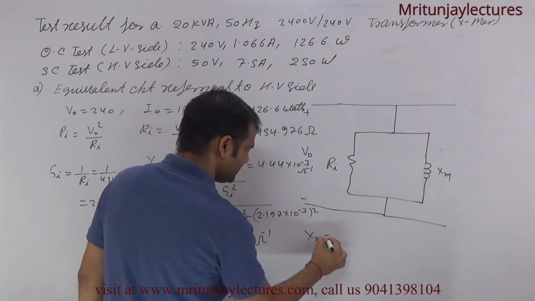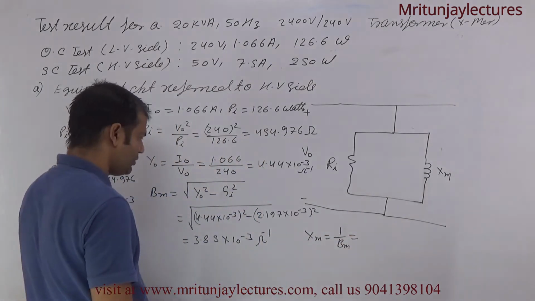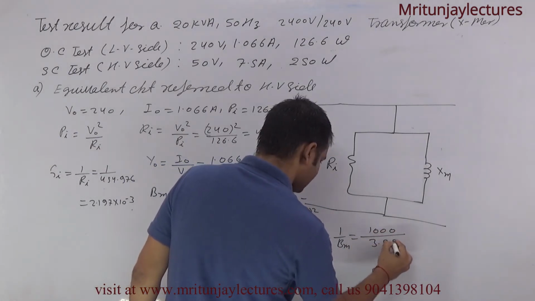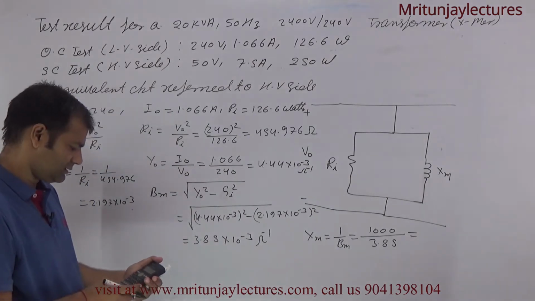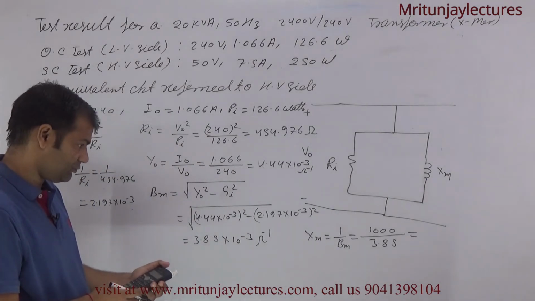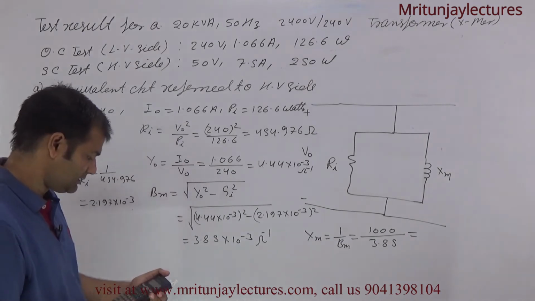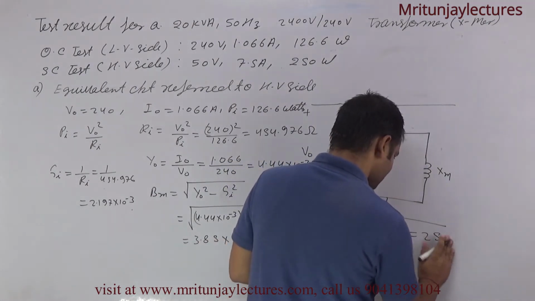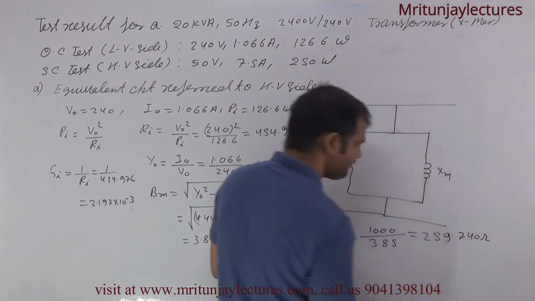I know that XM is equal to 1 upon BM. BM is 3.85 into 10 to the power minus 3, so 1000 divided by 3.85 is 259.740 ohm.